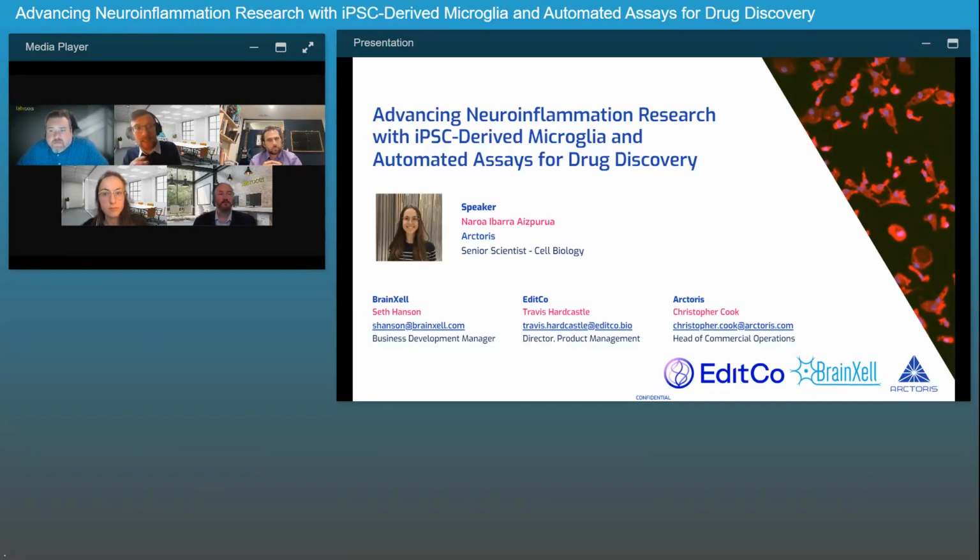The technical aspect here is creating consistent media across the various different cell lines. Brainxell have models like that. It's something we are actively looking at bringing into Arctoris. They've got a triculture of neurons, astrocytes, and microglia, and I now believe they're also working on the quadculture system, which we'd like to get our hands on as well, including oligodendrocytes.